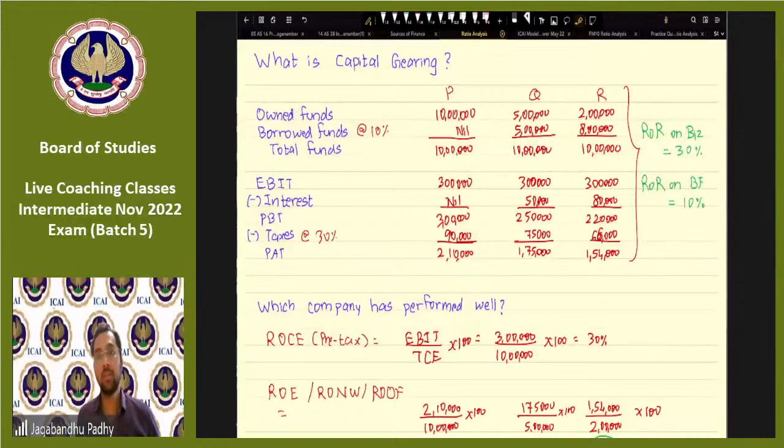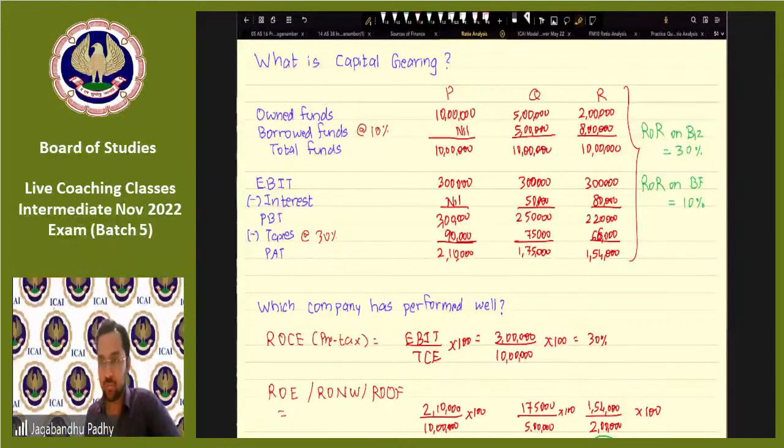It means you were getting money at a cost of 10%, and you're investing into a business which gives you 30% return, right? You are raising funds at 10%, and investing it in a business that was giving you 30% return.